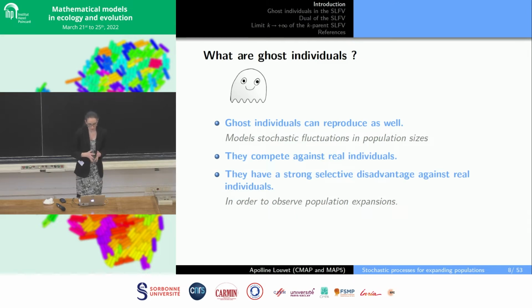For reproduction, these ghost individuals are in competition with real individuals, and since we actually want to observe an expansion, we need to give a very strong selective disadvantage to ghost individuals against real individuals. Otherwise, you will just have an extinction.